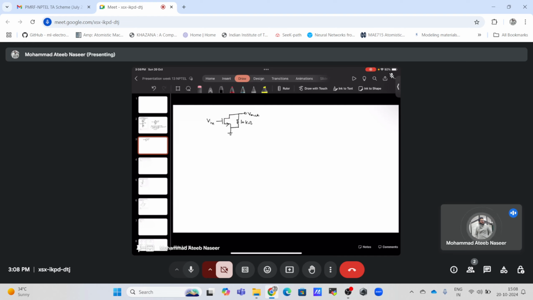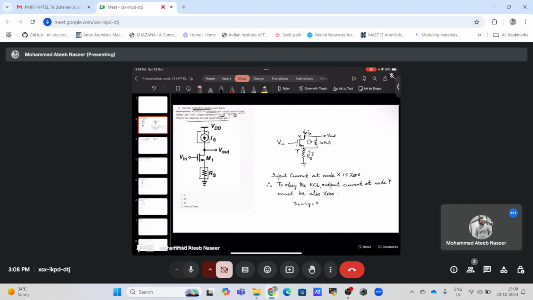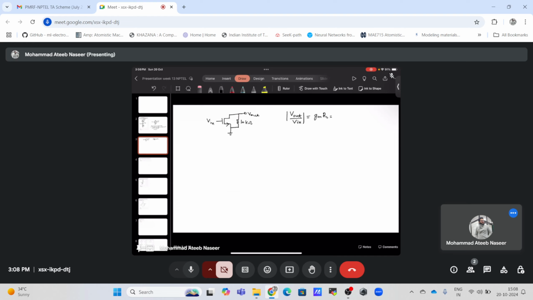What is the gain for this? This is ideal, so we do not have to consider channel length modulation, and r0 will not be there. The magnitude of the gain is simply Gm times RL, the load resistance. Gm is 1 millisiemens, so it is 10 to the power of minus 3 times RL.